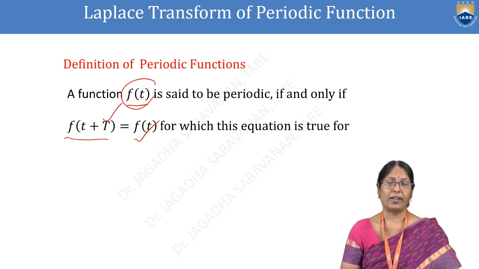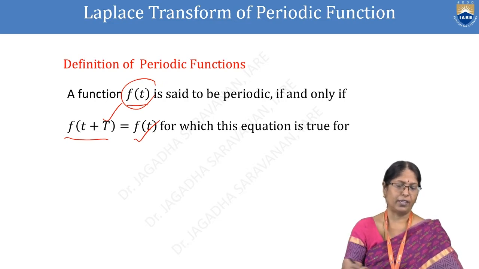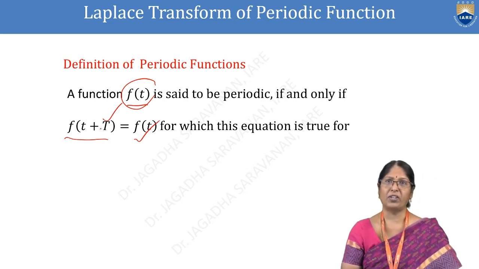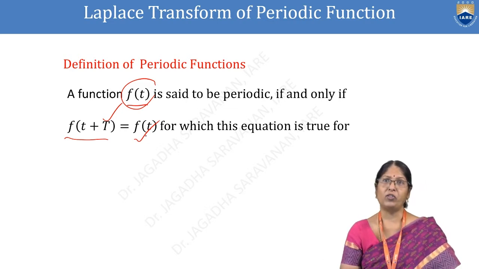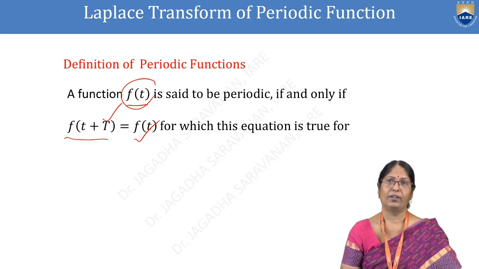Suppose any function, sin x or cos x or tan x, whatever it is, if the period capital T is added, there won't be any change in the given function. That is the concept of periodic function.